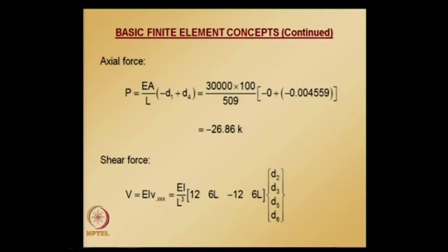d2 is going to be the local displacement in the transverse direction at node 1, d3 is the rotation at node 1, d5 is the transverse displacement at node 2 and d6 is the rotation at node 2.